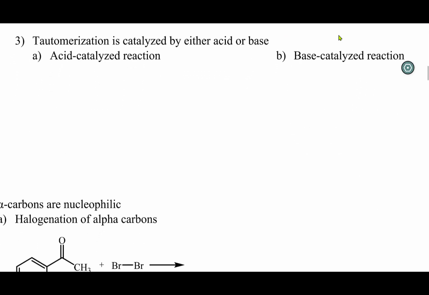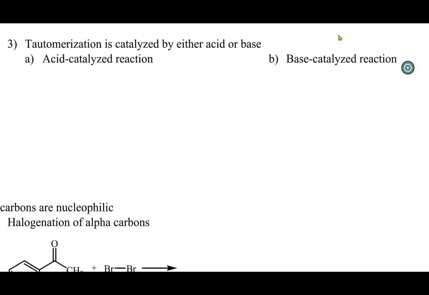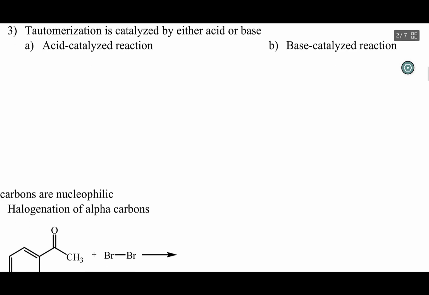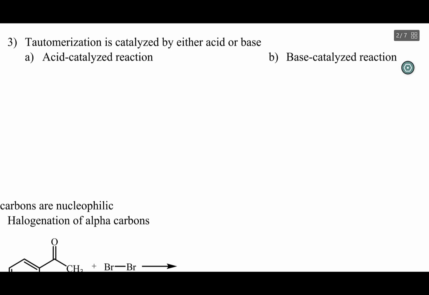So what I'm going to do real quickly is show you how these two reactions are catalyzed by both acid and base. So let's talk a little bit about why this reaction is slow in the first place. If you have a ketone and you want to go to the enolate form, I'm not going to draw the carbon anymore. I'm just going to draw the hydrogen on there. This hydrogen's got to move over to that oxygen, and then you have to build up a negative charge.